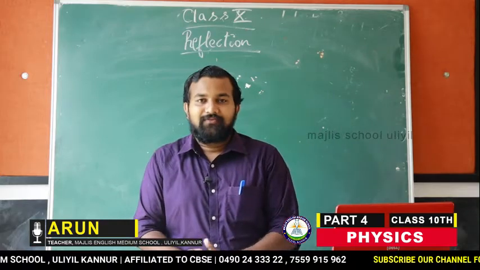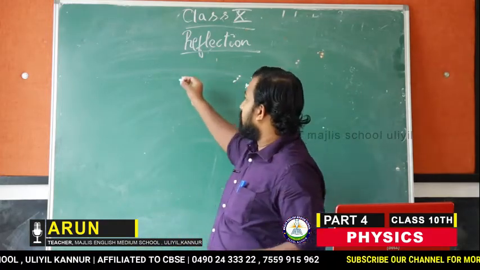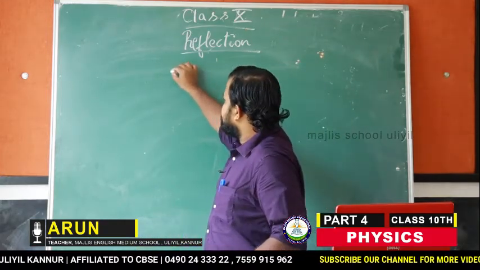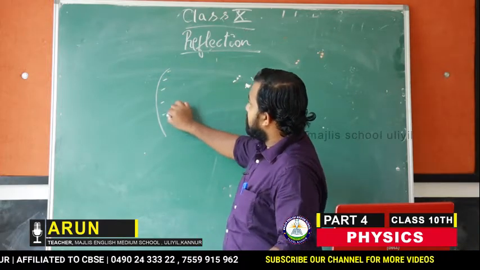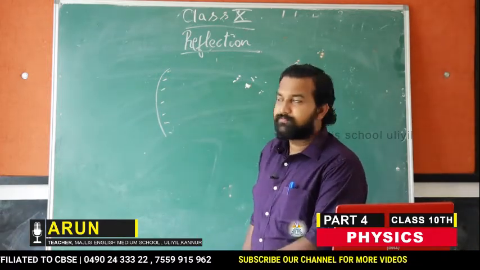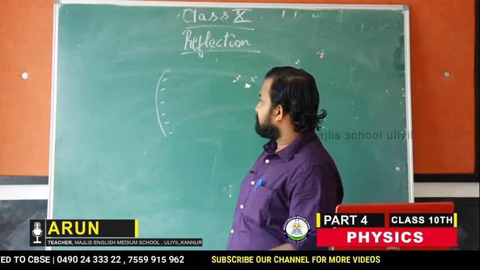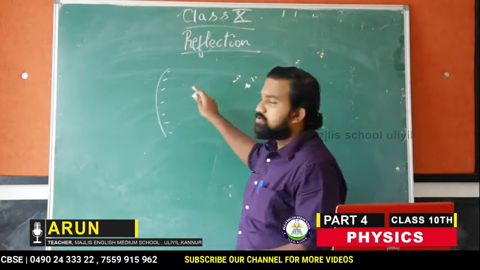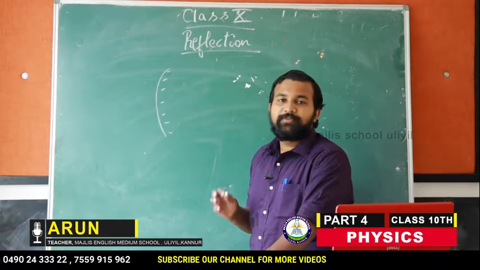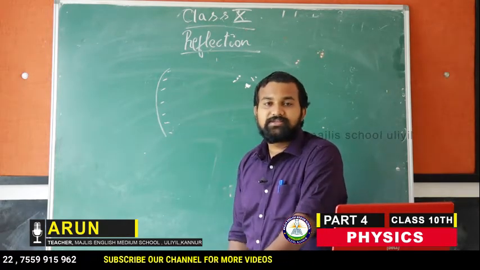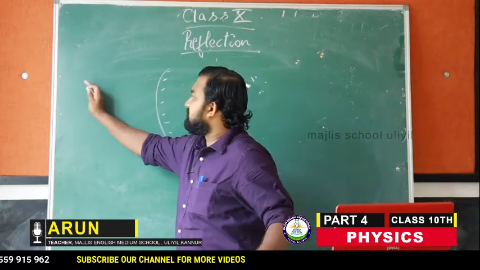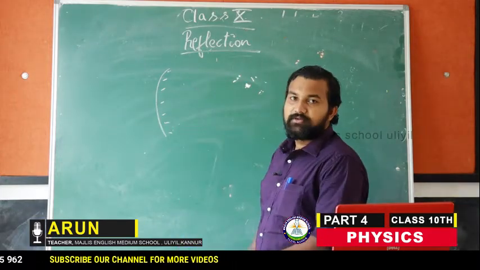So today we will be continuing our discussion on convex mirrors. A convex mirror is a mirror which bulges outwards. In the case of a convex mirror, where will the focus or the center of curvature be situated? Will it be on the left side or the right side?